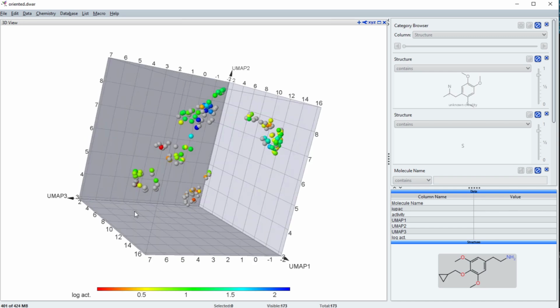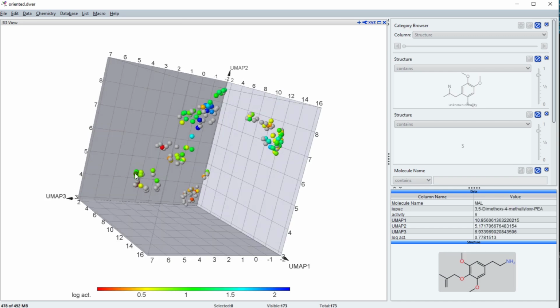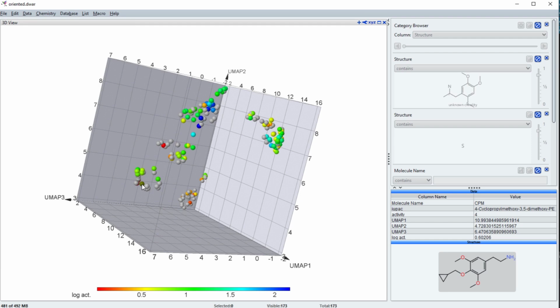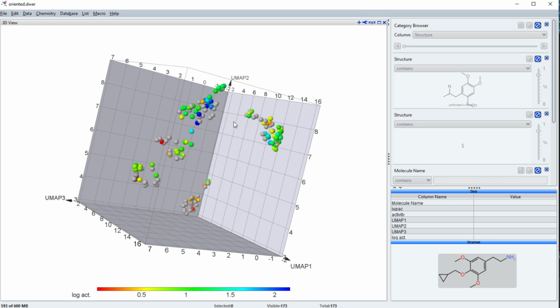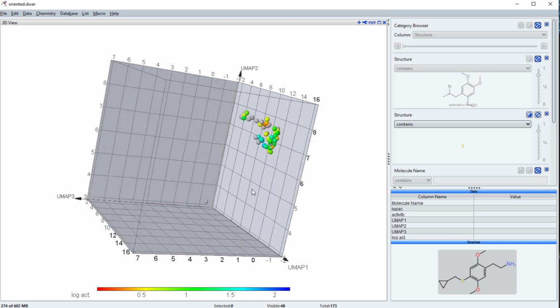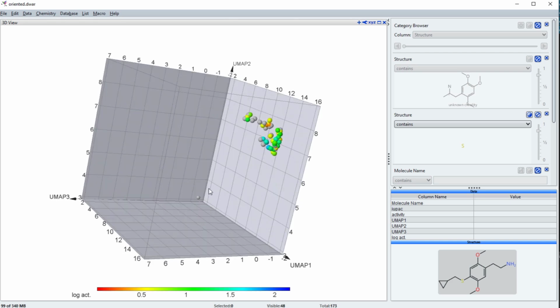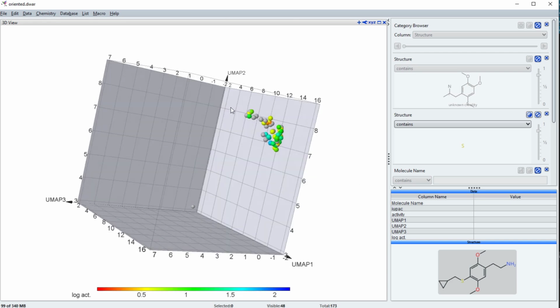And then just a quick look at some of the other compounds. So down here you can see we're changing the 4-methoxy group to different alkyloxy substituents, with cyclopropyl mescaline turning up as quite active. In the top right here, these turn out to be sulfur compounds, and if I turn on a substructure search here, you can see UMAP has clustered all but one compound that contains sulfur.